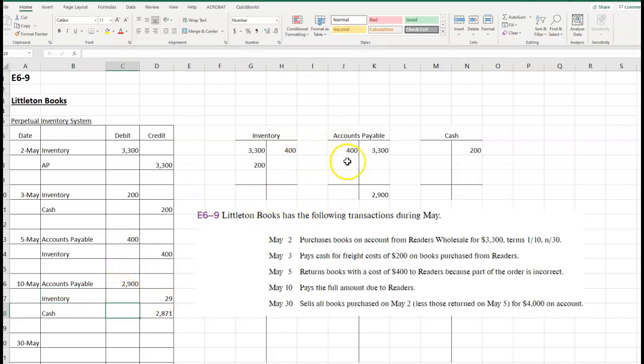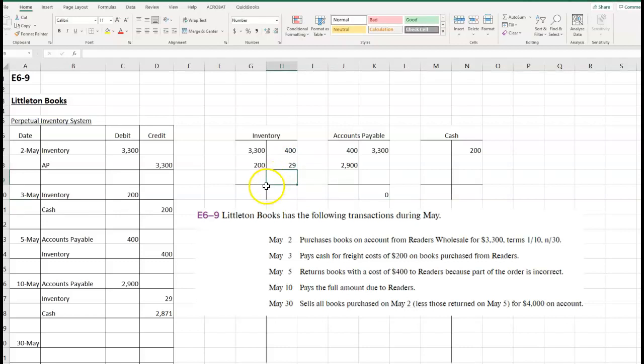So let's post these. We're going to debit accounts payable for $2,900. That makes our balance $3,300 minus $400 minus $2,900, or 0, because we paid everything we owe. We're going to post the $29 credit to inventory.